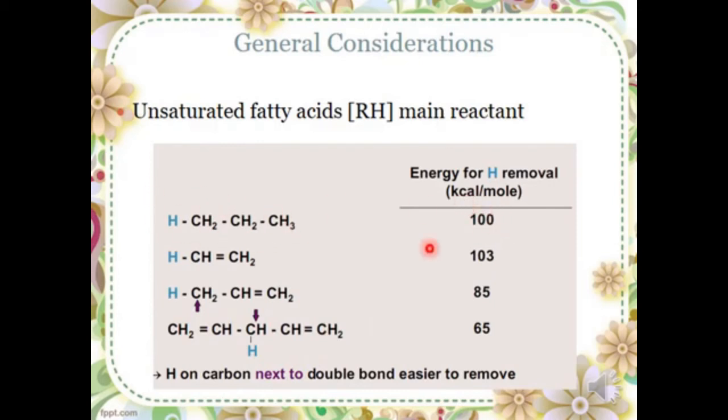For example here, it needed 100 kilocalories per mole to remove hydrogen, this hydrogen here. Whereas in unsaturated fatty acid having two double bonds here, the removal of this hydrogen is easier. It needs less energy, which is only 65 kilocalories per mole.